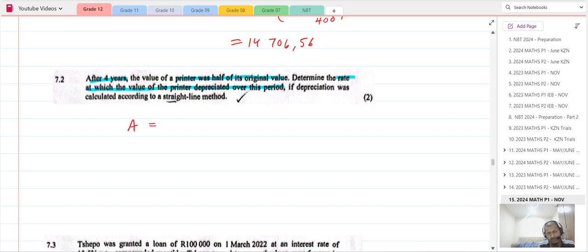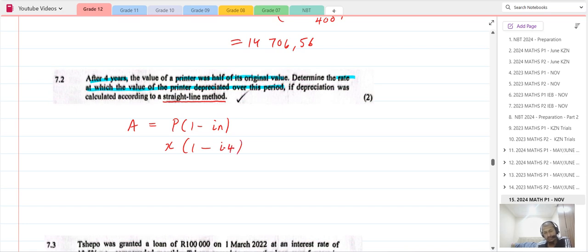A is equal to P into 1 according to a straight line method. What is the straight line method? 1 minus in. Right. And what was the original value of the printer? X. 1 minus i, we want the rate, and n is 4 years.